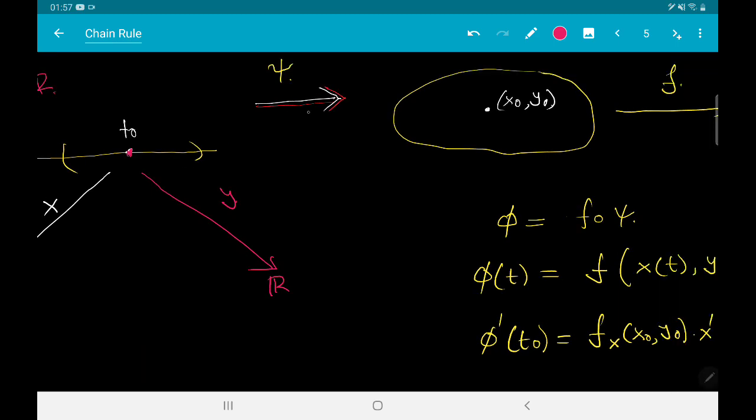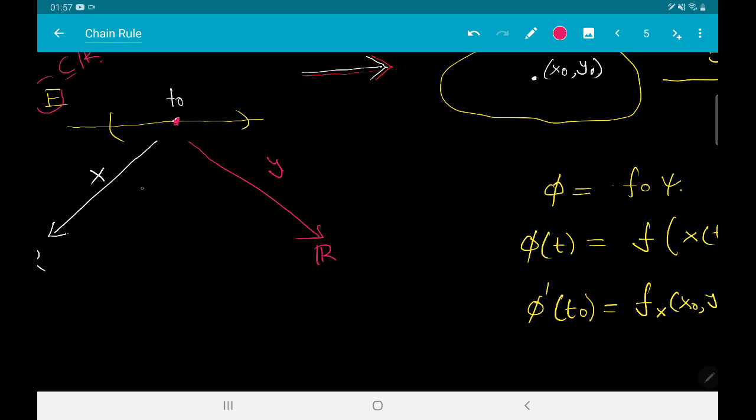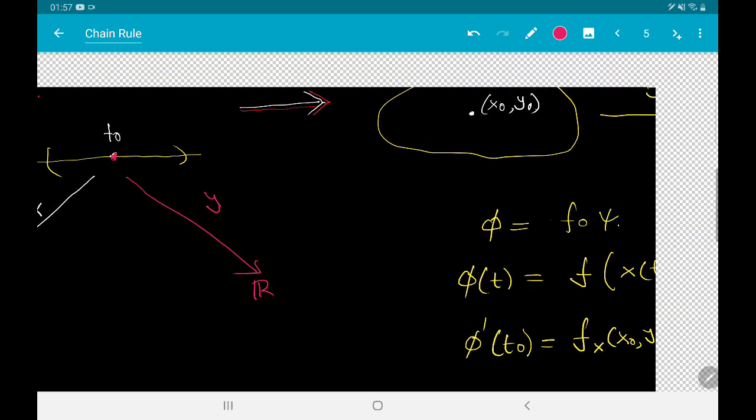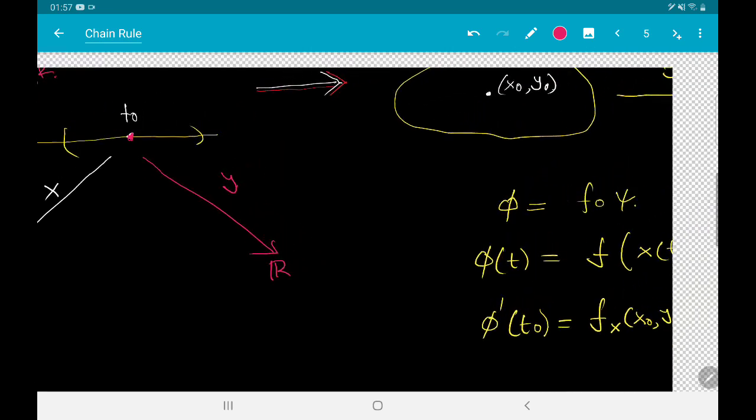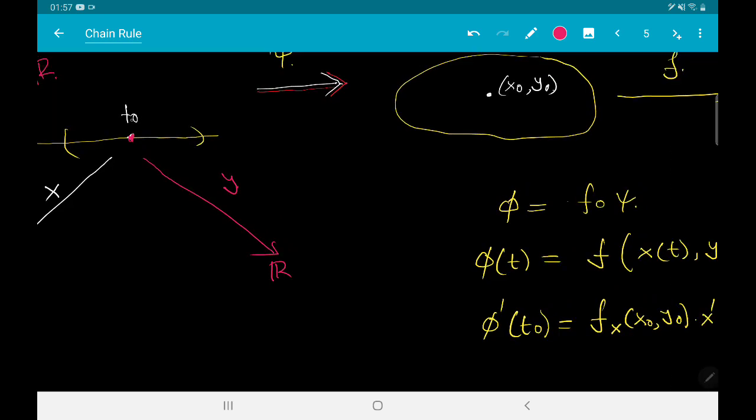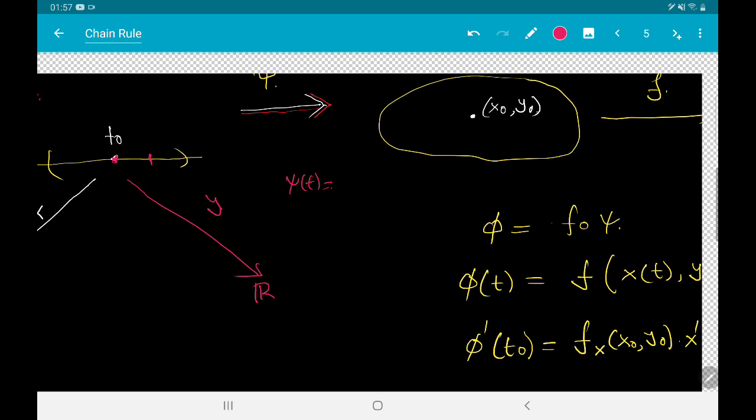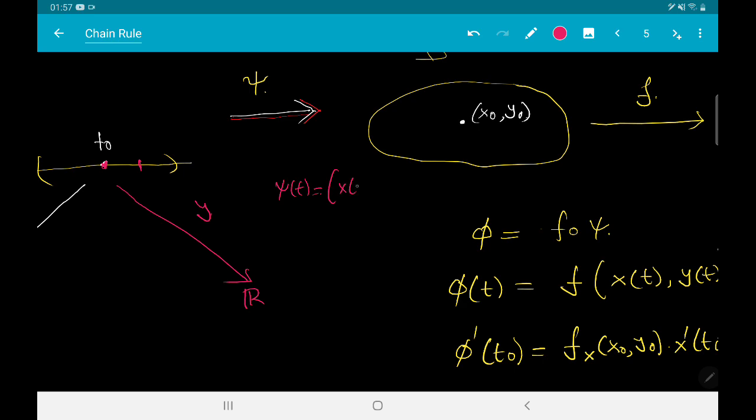I can combine these two by writing the image as the tuple of images of these two maps. So if I take a point t, then psi of t is going to be (x of t, y of t).